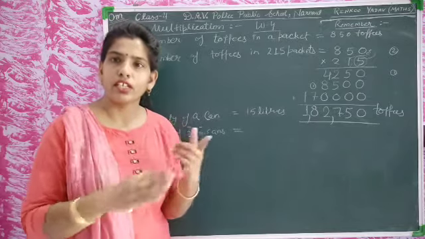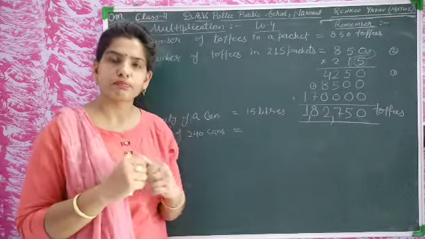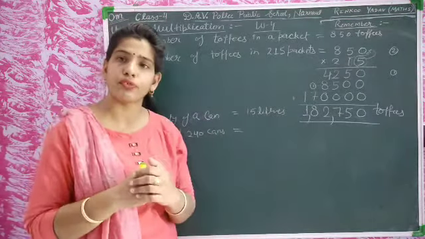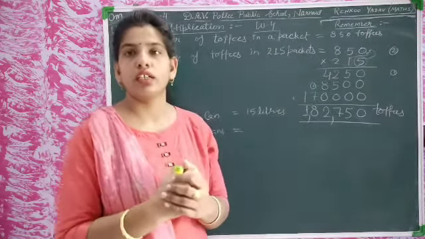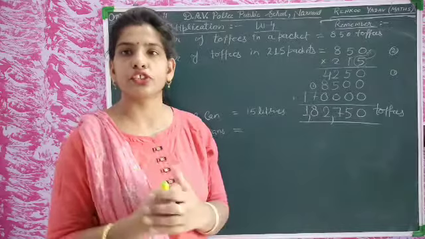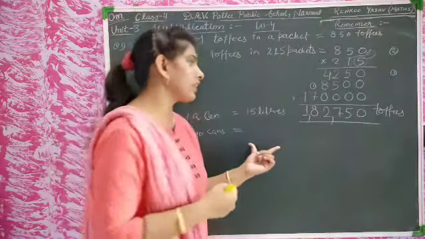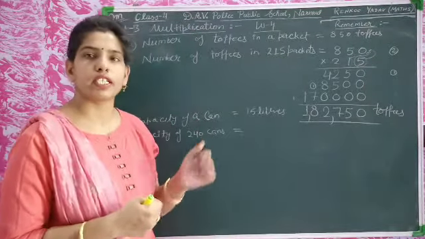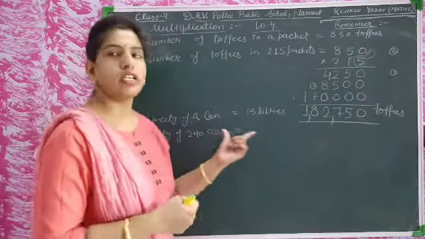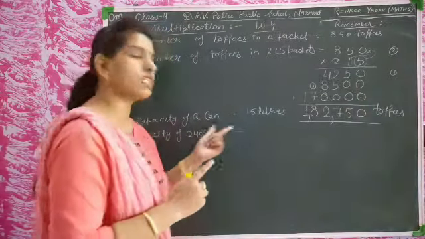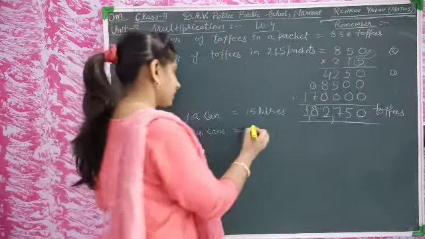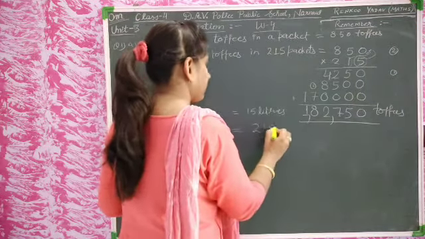Can you add 15, 15, 15 two hundred forty times? No, it's impossible. It's time consuming. So we will multiply here. Since the continuous process of addition is multiplication, we will multiply.